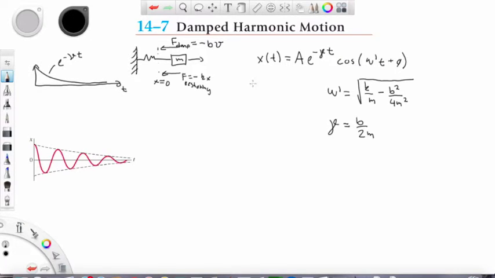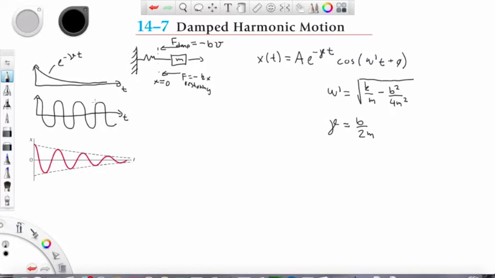And also in our displacement we have the normal sinusoidal motion as a function of t, which is the usual sinusoidal wave.